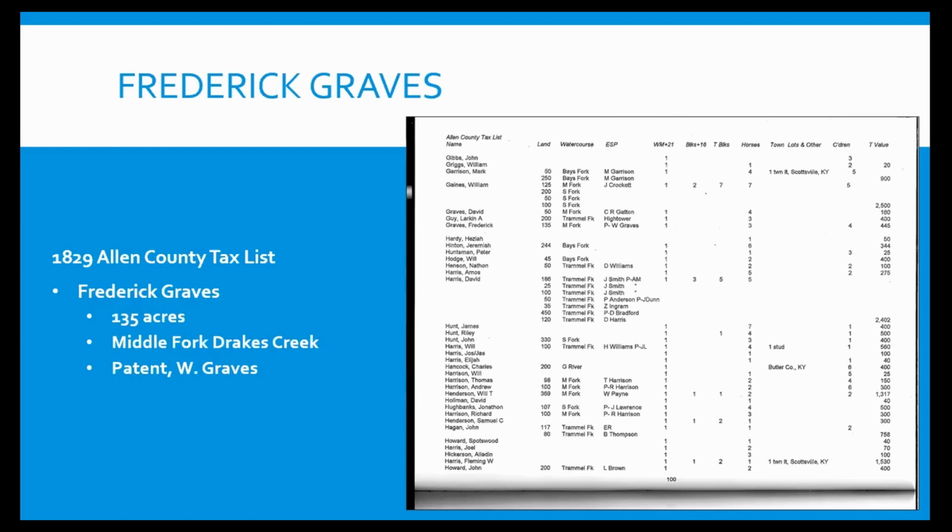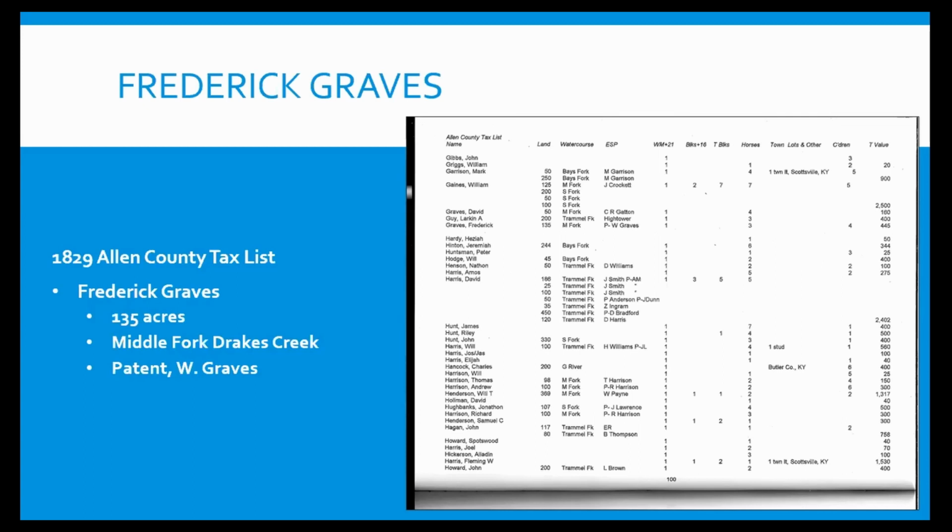Now, when you're in the tax records, you want to follow the names of the people, but you also want to follow the description of the property. So this 135 acres on the Middle Fork of Drake's Creek. And I had to look at the front of this abstract book, and it told me that M Fork stands for Middle Fork. So there are some abbreviations used there.